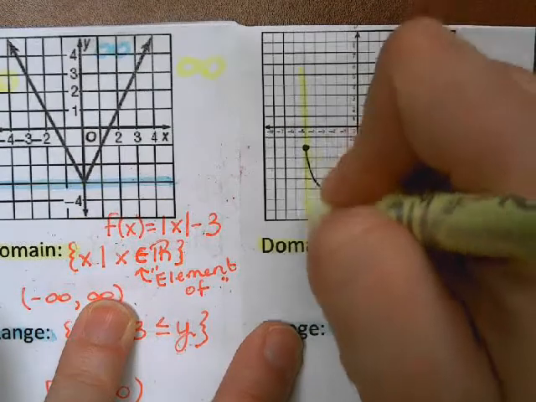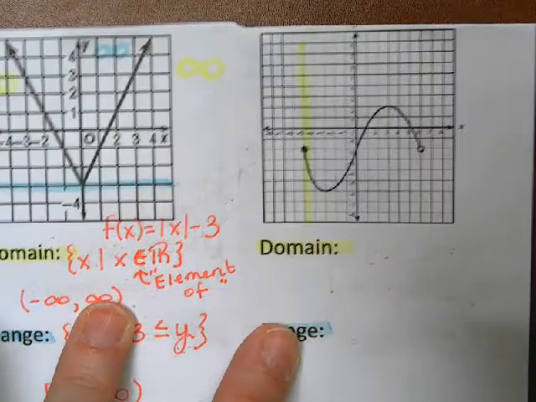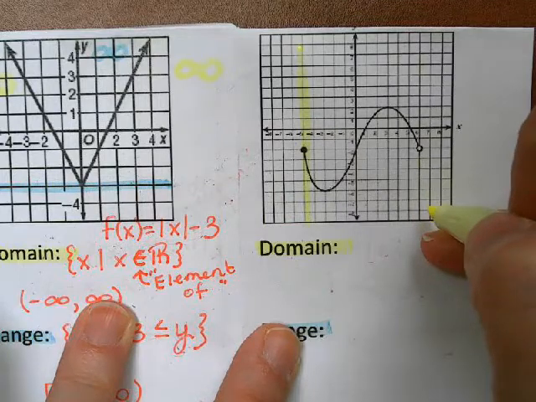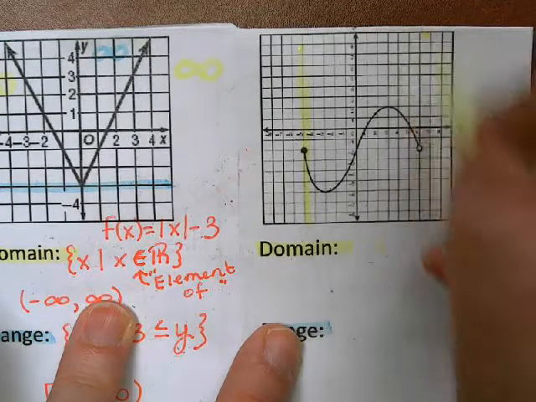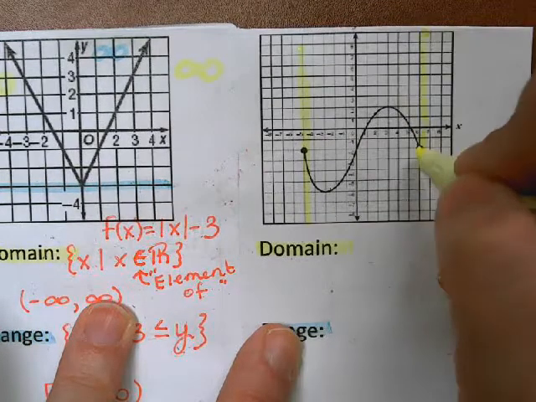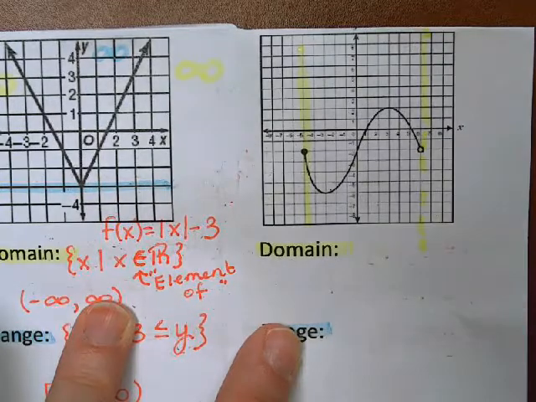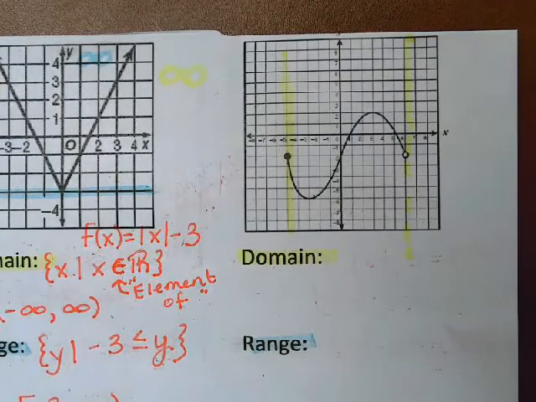All right, last but not least, domain. The smallest value is right here with a solid line, negative 5. And what's this one? A broken line, 6.